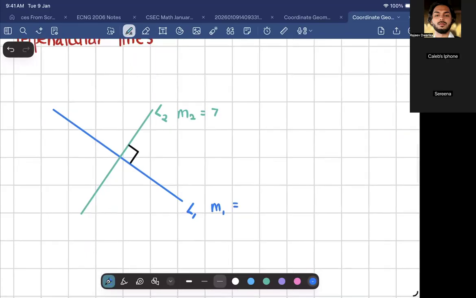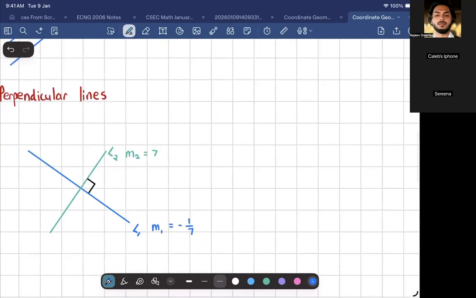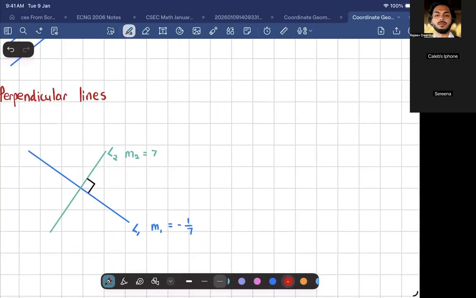It would be the negative reciprocal, so -1/7. Yep, it would be negative 1 over 7. So I'll make a little note about that to the side. The gradients of perpendicular lines are the negative reciprocal of each other.